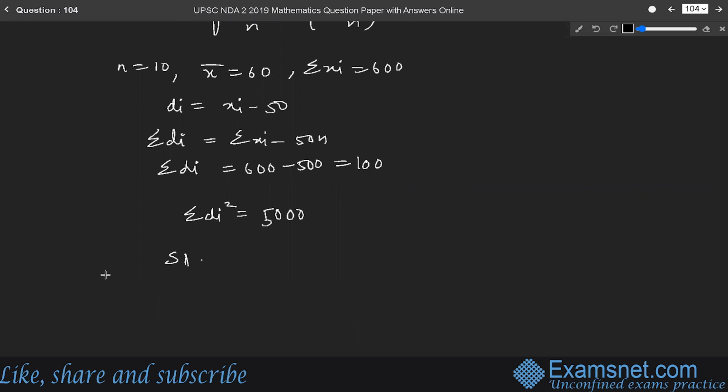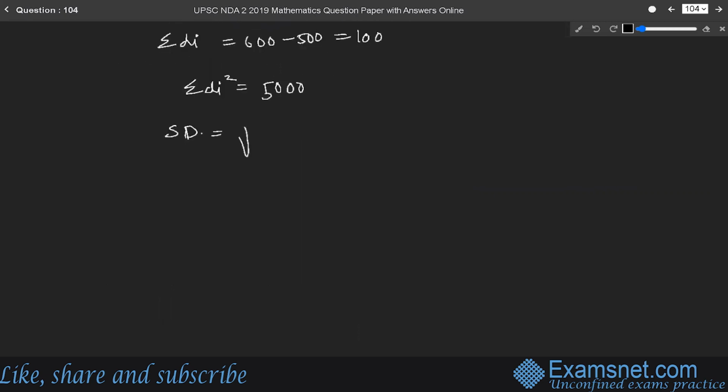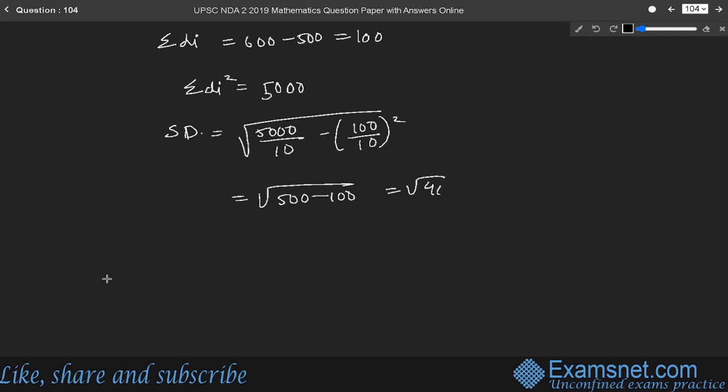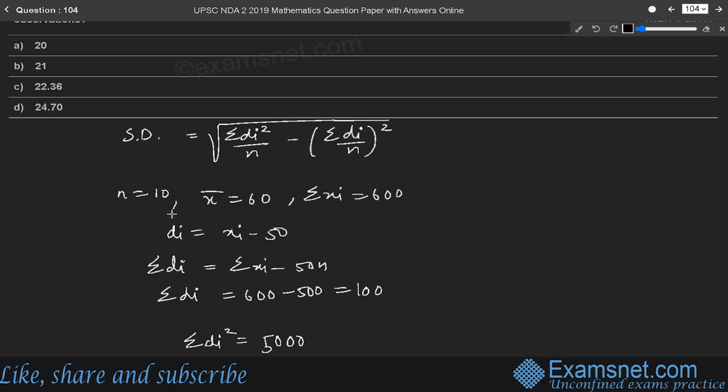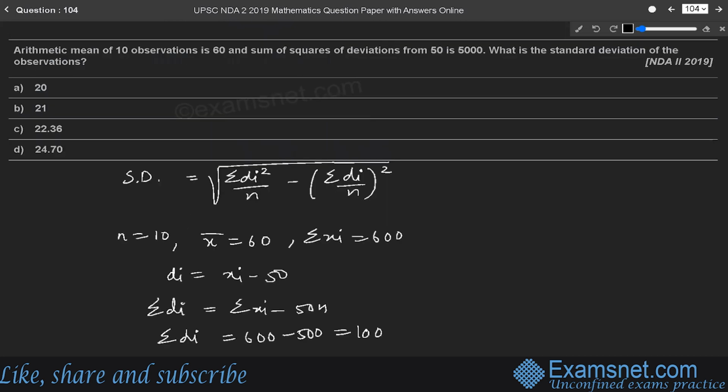So, standard deviation will be equal to under root of 5000 divided by 10 minus (100 divided by 10) whole square. So, it will be equal to under root of 500 minus 100, which is equal to under root of 400, which is equal to 20. Therefore, the correct answer for this question is option number A, which is 20.